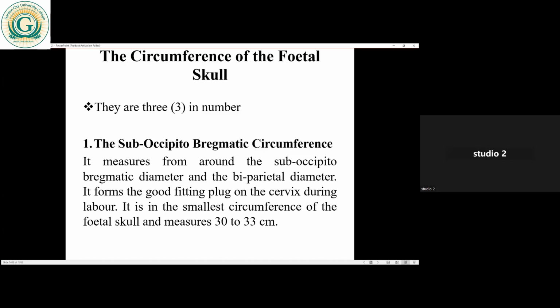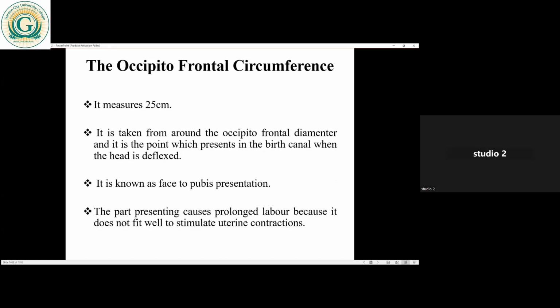And then we have the occipitofrontal circumference. It measures 25. It is taken from around the occipitofrontal diameter. It is the part which presents in the birth canal when the head of the baby is raised and the baby is coming face to pubis. It's looking at the face of the mother, that's face to pubis. The baby should look down.